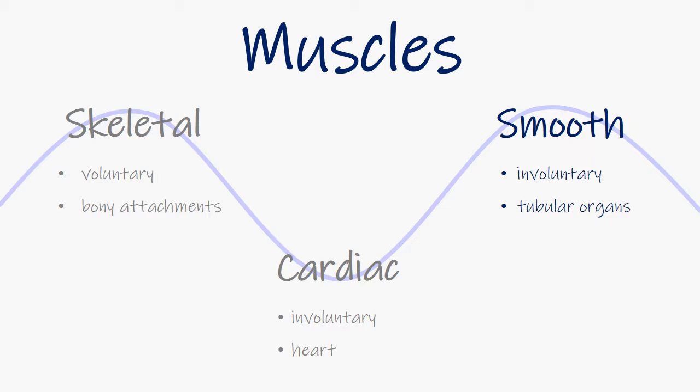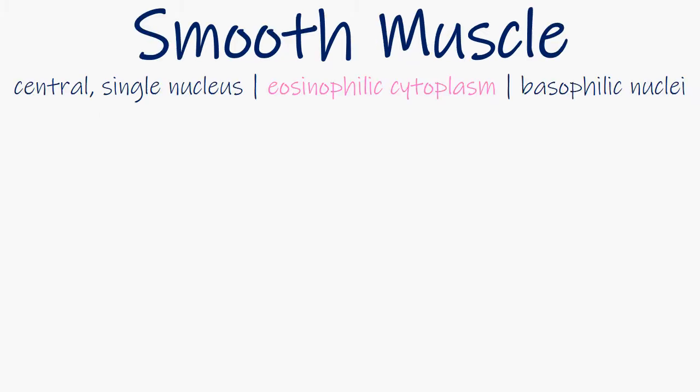This brings us to the final muscle type, smooth muscle, which is involuntary and is located in many tubular organs, one example of which is the gastrointestinal tract. Smooth muscle is very much like cardiac muscle in terms of having one nucleus that is centrally located in each cell.